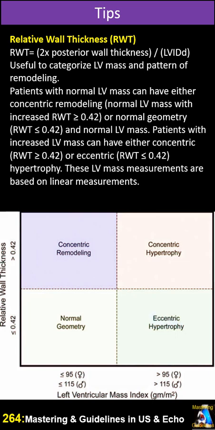Based on the left ventricular mass, whether normal or abnormal, and the RWT, we can categorize in 4 groups: normal geometry, concentric remodeling, concentric hypertrophy, or eccentric hypertrophy.